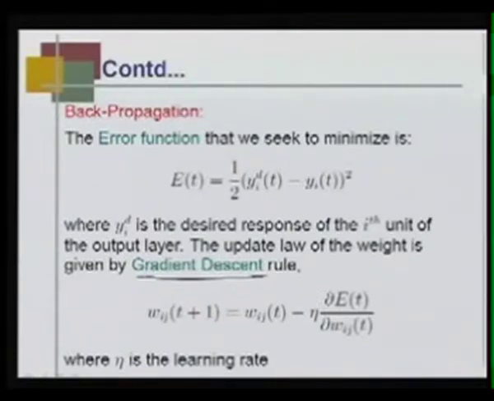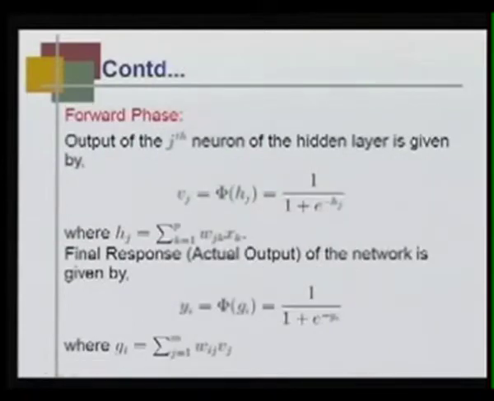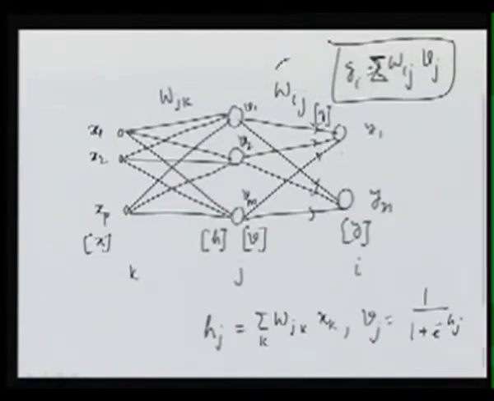We have already discussed a lot about gradient descent. So, this gradient descent we apply to compute the error back propagation, updating the weights connecting the output layer and the hidden layer. The weight we are focusing on is w_ij.